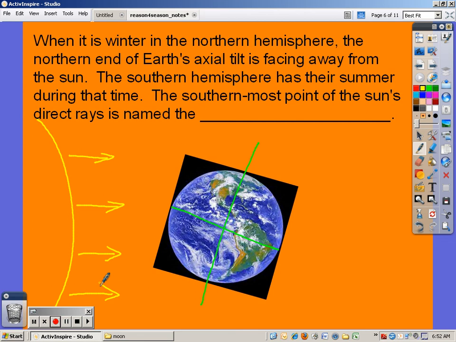So the southernmost point of the sun's direct rays is called the Tropic of Capricorn. And that would be, once again, at 23.5 degrees, but this time south latitude.